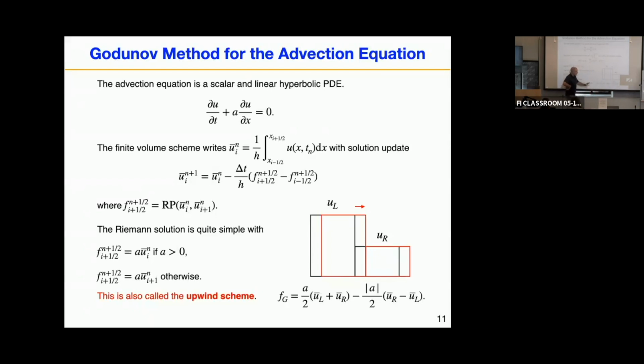And so you see that you have two terms. You have one term which is the average of the two fluxes, which, if you use this for the flux, is going to be unstable. You don't want to do that. But there is a second term here, which comes from the upwinding, which comes from the Riemann solution, which gives you the stabilizing term. So this is unstable. This will stabilize the numerical solution.